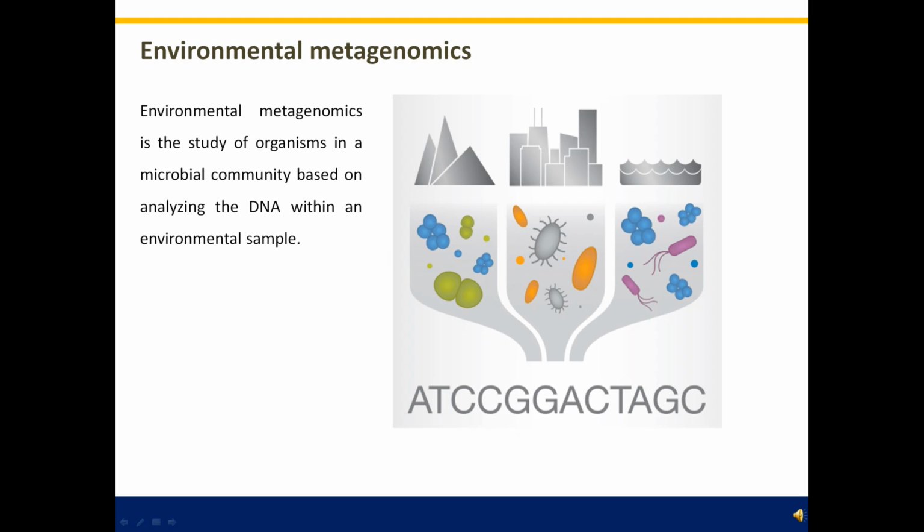Environmental metagenomics is the study of organisms in a microbial community based on analyzing the DNA within an environmental sample. The examples include profiling microbial populations in water samples taken from deep oceans, from soils, and from human-made environments like industries, and from marine sources.